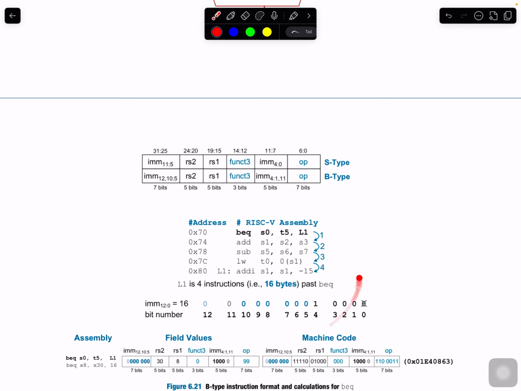Don't worry about a lot of stuff here. Follow what I'm explaining, and that will be easier for you. So we're comparing S0 and T5. If equal, then we're branching to L1. And that example is here.